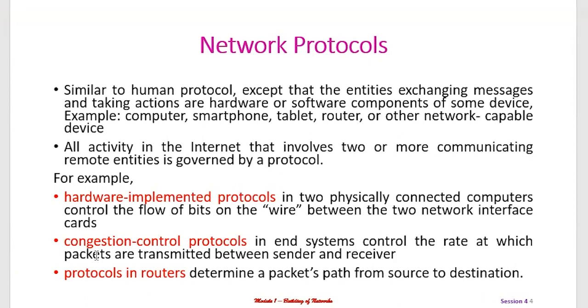Then you have a congestion control protocol. Congestion control protocols are used in the end system to control the rate at which packets are transmitted between the sender and receiver. As an analogy, in a transportation system we use traffic signals and traffic police.